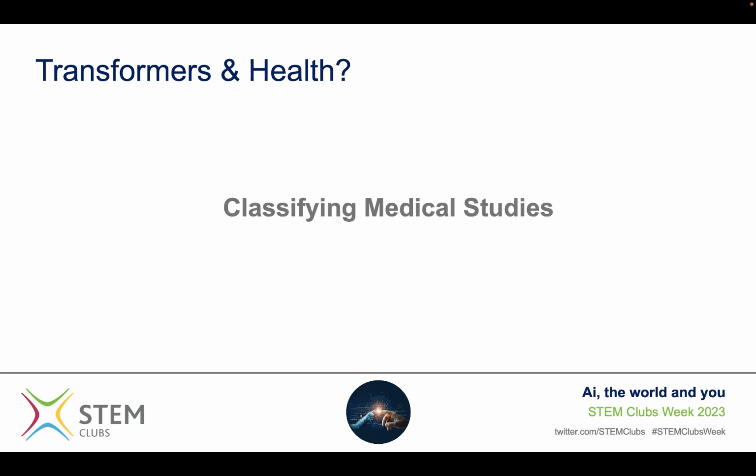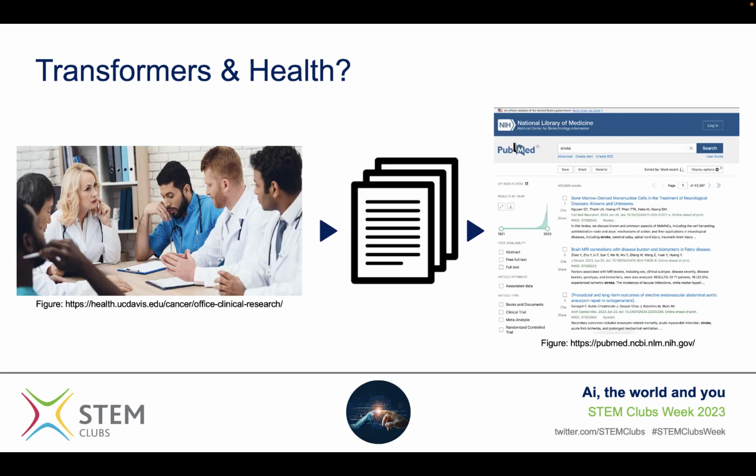So let's take a look at a particular example for transformers and how they can be applied in healthcare and medicine. For example, let's have a look at classifying medical studies. On the left, you would see, for example, clinical researchers. They are interested in the best treatment methods for a particular problem, for example, stroke.